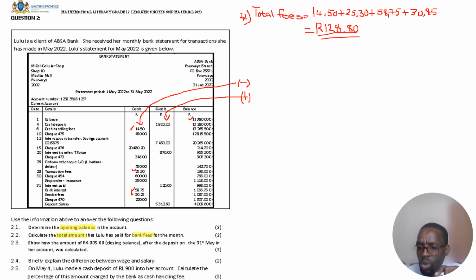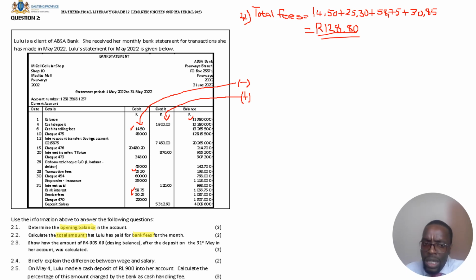You understand? So those form part of what you call banking fees, because these are the fees charged for a service that has been rendered to you by the bank. So you only need to go through and identify all these fees that have been charged to you for a service that was rendered to you by the bank.